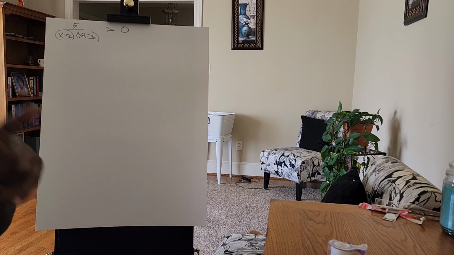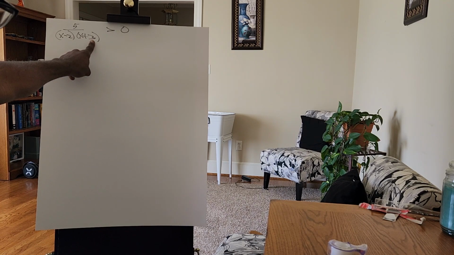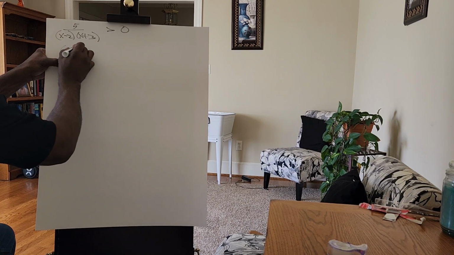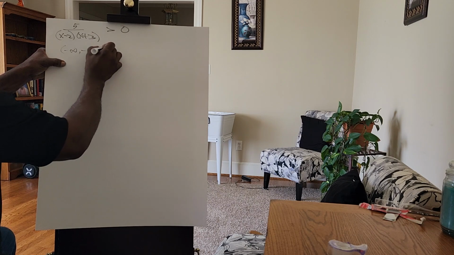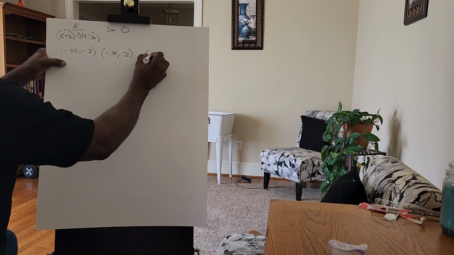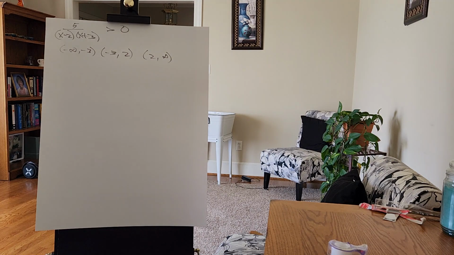I don't have any boundary points, but I had these vertical asymptotes. 2 minus 2 makes 0 in my denominator, and negative 3 plus 3 would make 0. So there's an interval from negative infinity to negative 3, then the interval from negative 3 to 2, then 2 to infinity. Those are the three intervals I'm going to be looking at.